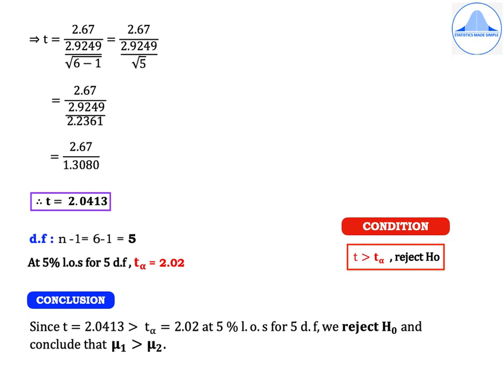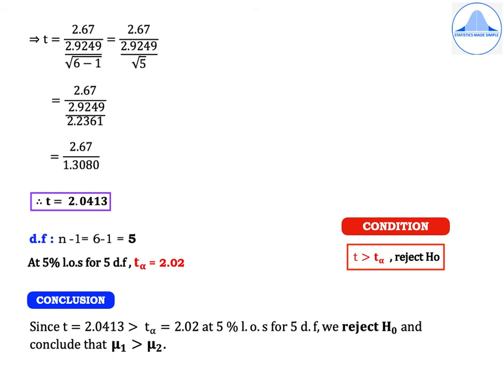On further simplification, we get t equal to 2.0413. Now, this particular problem is based on the right tail test. So, the condition which is used is you have to check if t is greater than t alpha for alpha level of significance at n minus 1 degrees of freedom. If this condition is satisfied, you reject H naught, otherwise you accept H naught.